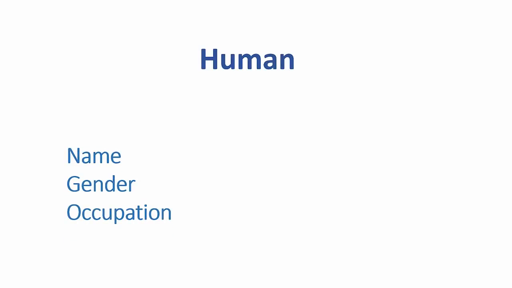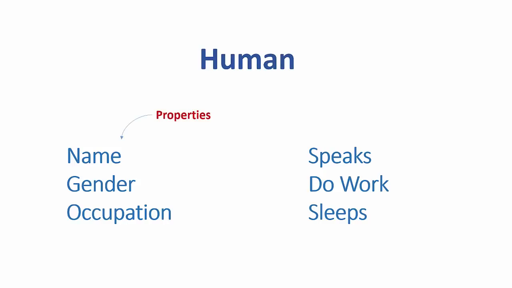When you talk about human beings, every human being has a common set of properties such as name, gender, occupation, etc. Also, every human will be doing some kind of common activities such as speaking, doing work, or sleeping. The first set that we covered are called properties in the object-oriented programming world, and the activities that a human performs are called methods.